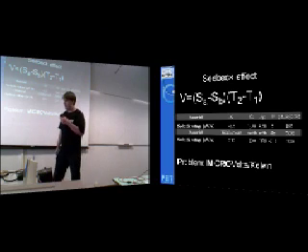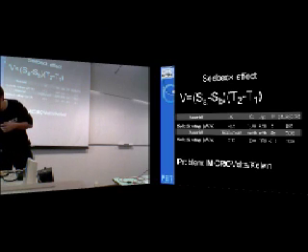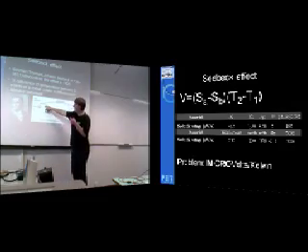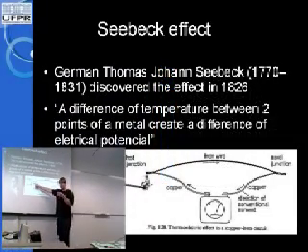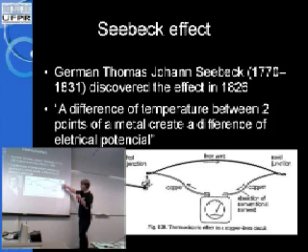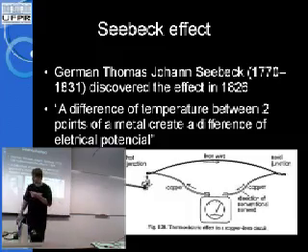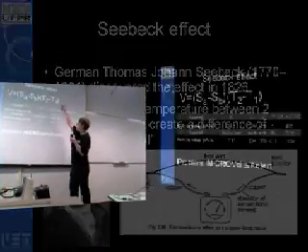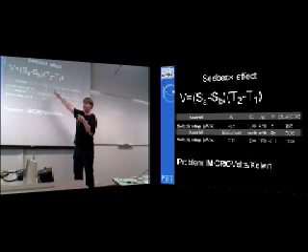So let's say if in this point right here we put 100 degrees, and this point 10 degrees, there will be a difference of 90 degrees, and this 90 degrees will be multiplied by the coefficient.